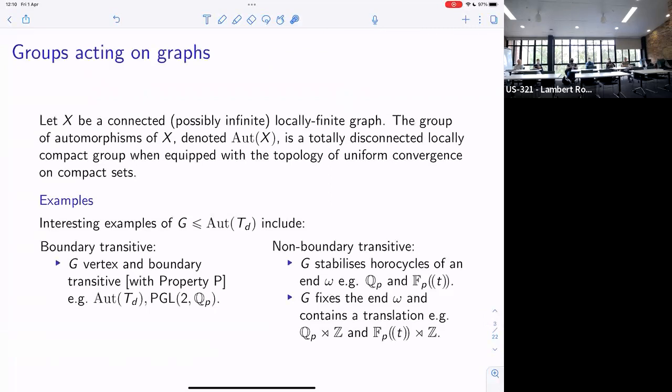And examples of such groups are, for instance, the p-adic rationals or the formal Laurent series over a finite field. And these act on a tree by Bruhat-Tits theory. Or we can also have stabilizers of horocycles of an end, and we can, for instance, add a translation to these groups.